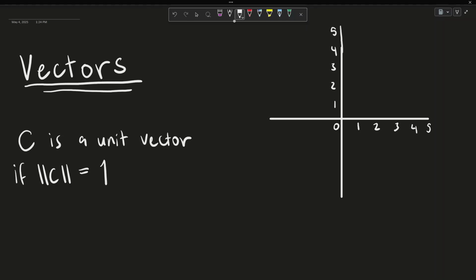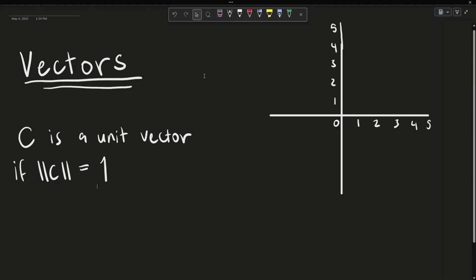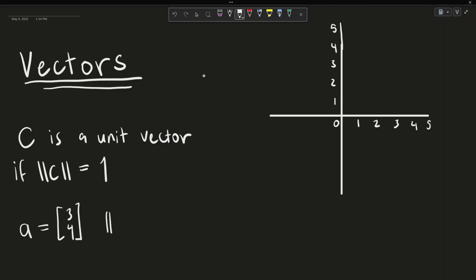So let's show an example using the 3, 4, 5 vector. So if we take the earlier vector, which we called A, and we have its value as 3 and 4, as we earlier proved, the magnitude of A is equal to 5.